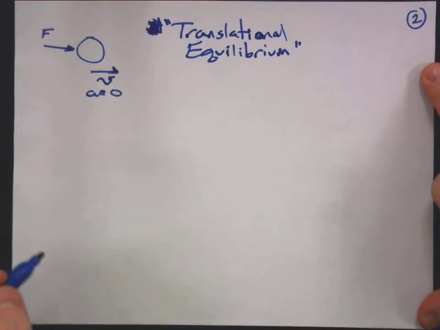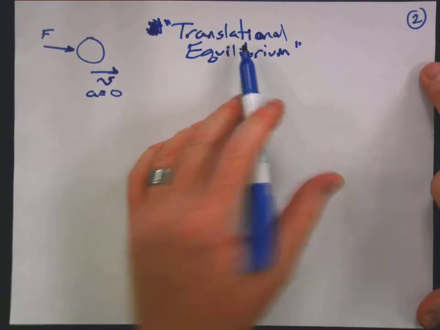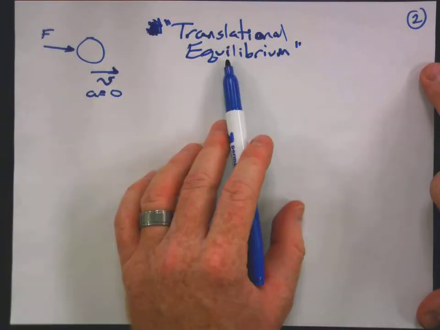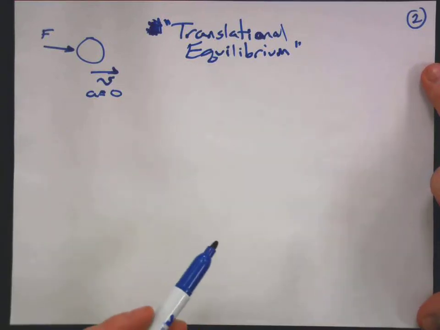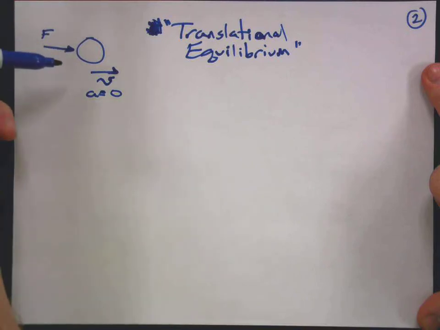Basically, translational means it's translating to a new location. It's moving. Think linear motion. And equilibrium means balanced. Things are balanced when equilibrium is our condition. And so, what was balanced? Well, the forces had to be balanced.